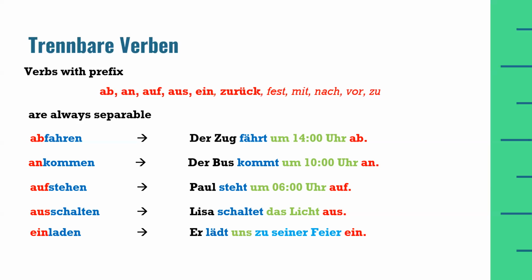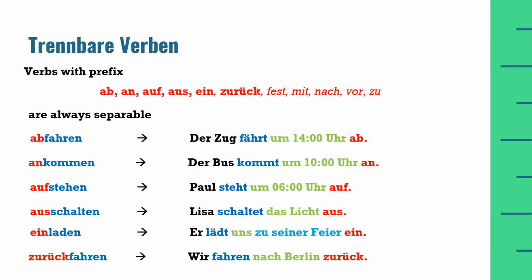And if a verb is separable, then we have to use the prefix at the last position of the sentence. So ein is used at the last position of the sentence, and laden will be conjugated according to the subject. The subject of the sentence is er, so laden becomes lädt, and it comes at the second position of the sentence.